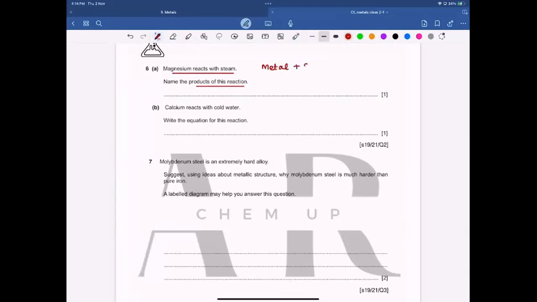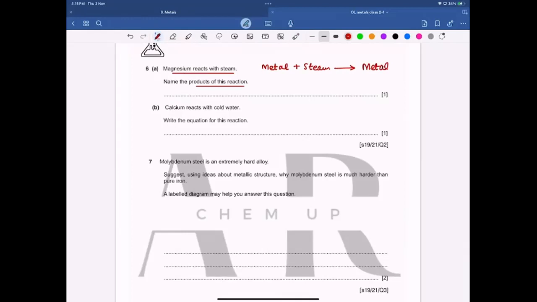And when a metal reacts with steam, what are our products? What were the products when metal and steam react? Good, metal oxide and hydrogen.